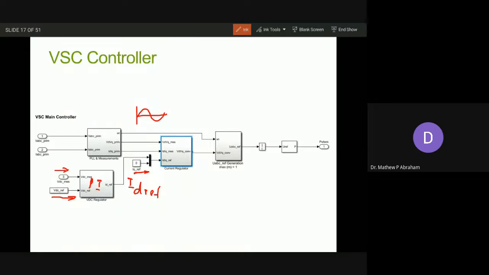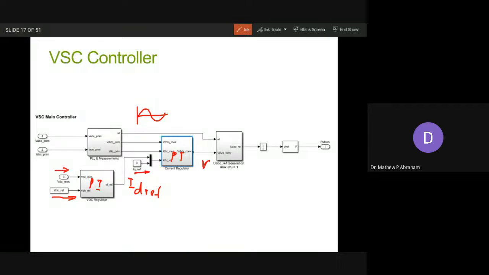It is given to the current regulator, and this current regulator will be creating the voltage magnitude. And that voltage magnitude will be multiplied by the unity waveforms created by our PLL.